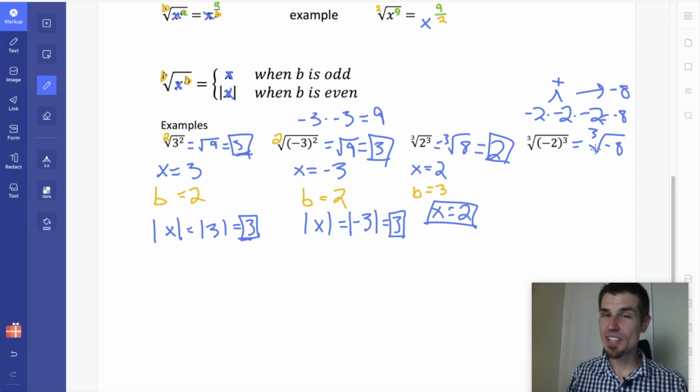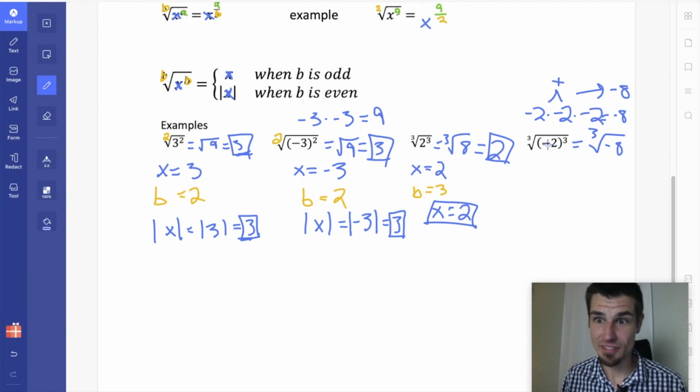You may not be used to having a negative underneath a radical, because you might have thought, well, radicals are square roots. But remember, it's actually a little more than that. It's not only a square root. Now we know we have cubed roots, okay? Cubed roots can have negative numbers in them, because remember, this is saying what number times itself 3 times gets us negative 8.